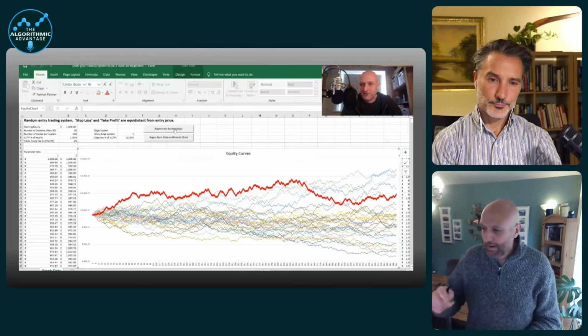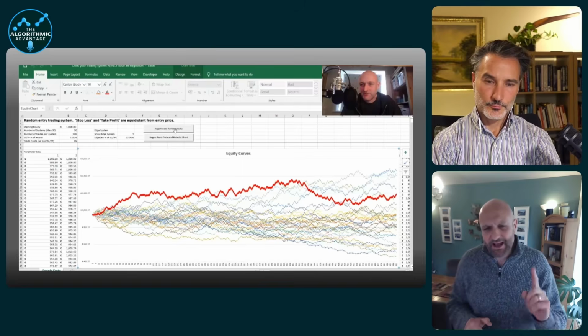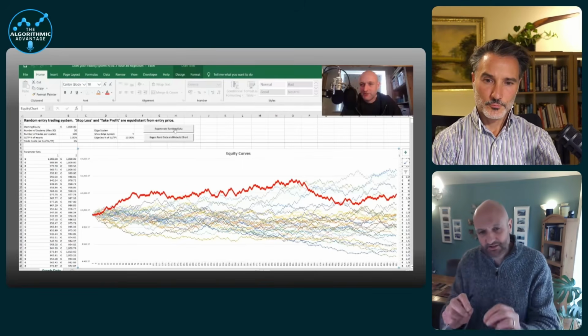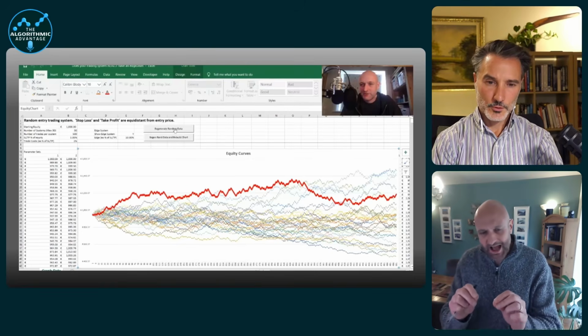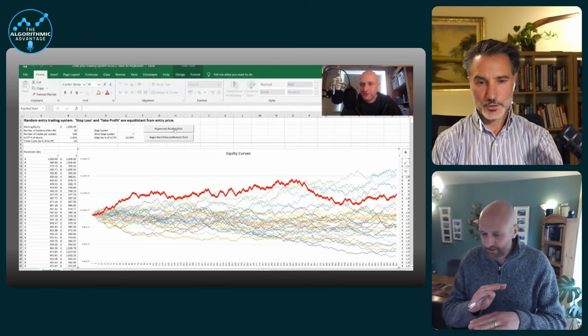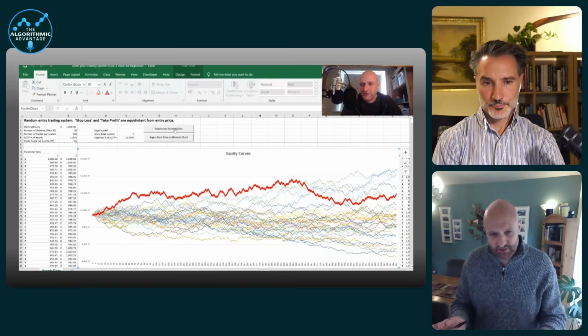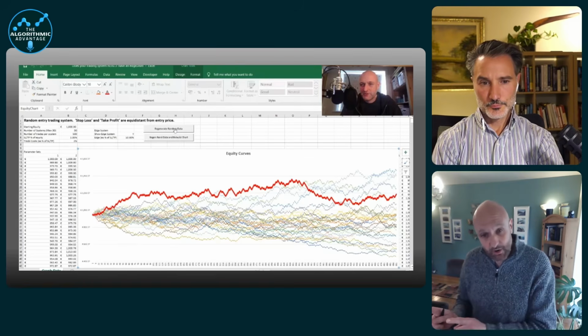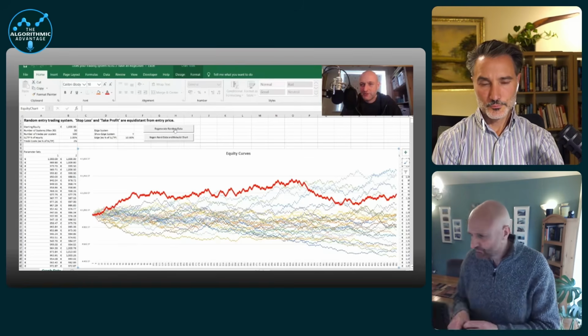Whereas the red line we see here, I've specifically engineered to have a positive edge. It's pure simulation, but that achieves what I needed.